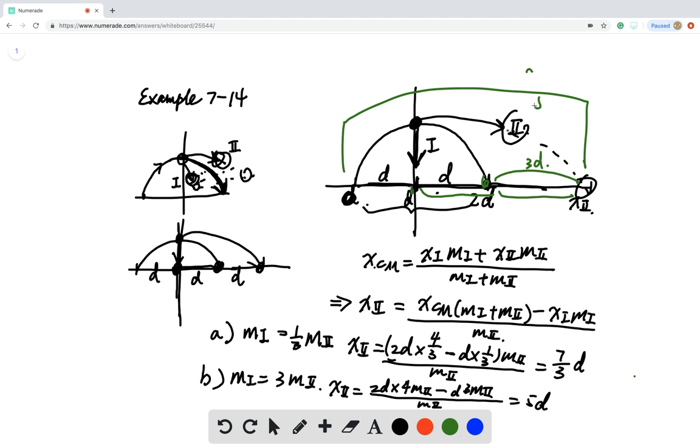As opposed to if this piece is much heavier, like 3 times the mass of piece 1, then its distance would be 1/3 d from the center of mass. Then it's 2d plus 1/3 of d, which is 7/3. So from this geometry, we can see that the answer agrees with our algebraic answer.